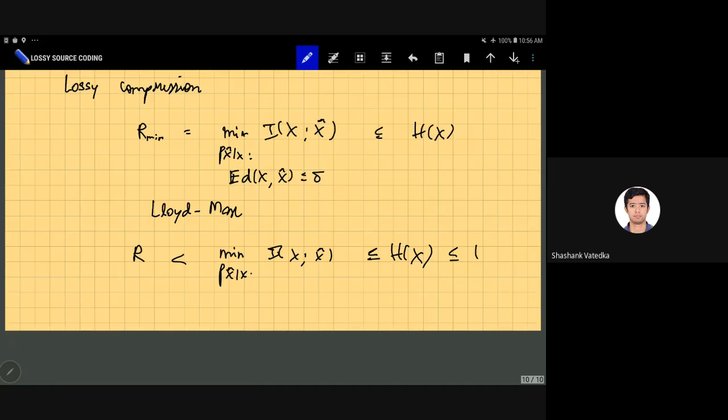So in the quiz question, the achievable rate of compression for any given distortion obviously has to be less than or equal to h of x, and consequently it's also less than or equal to 1 bit, right? Does that make sense?